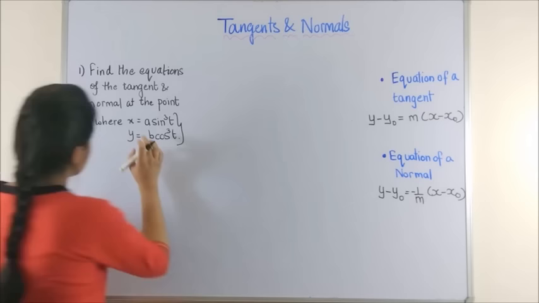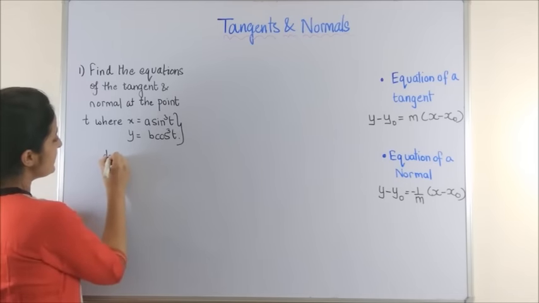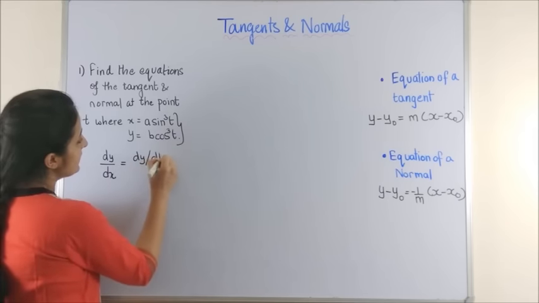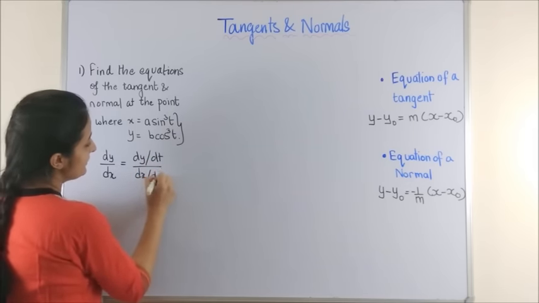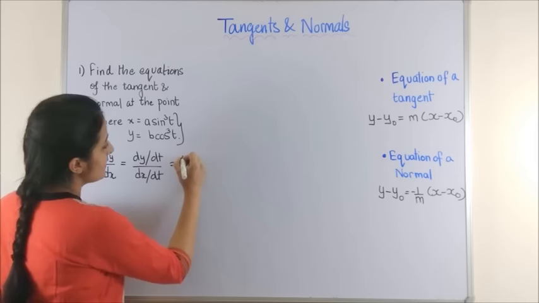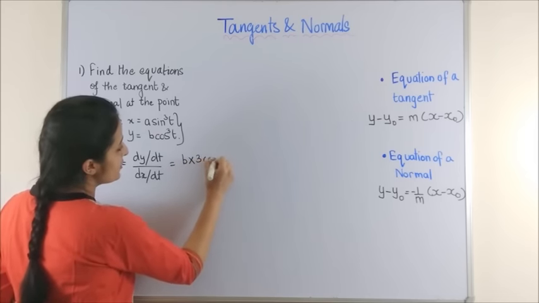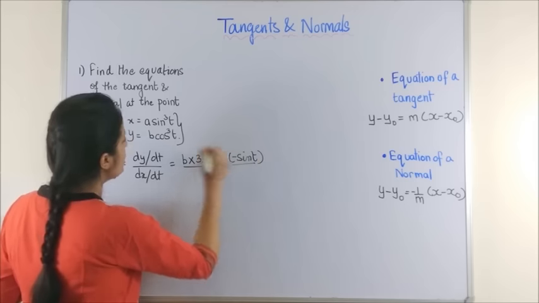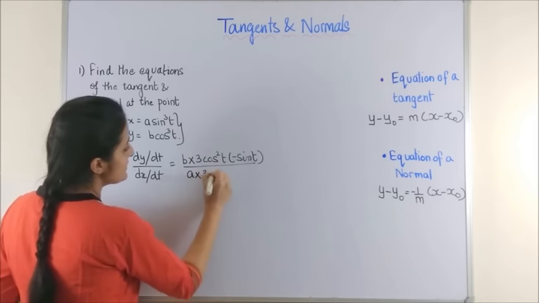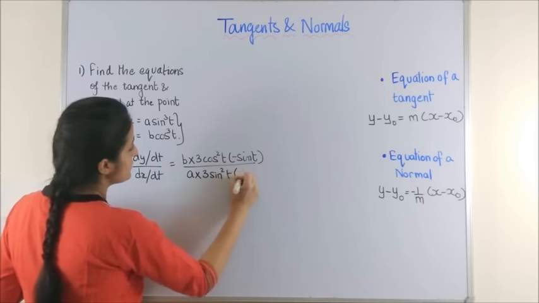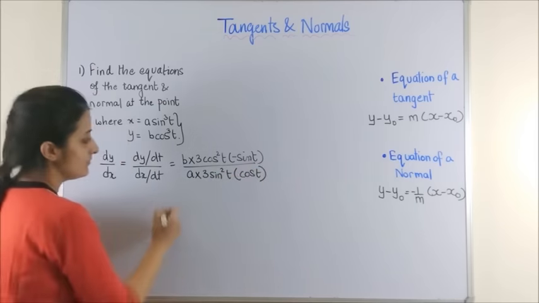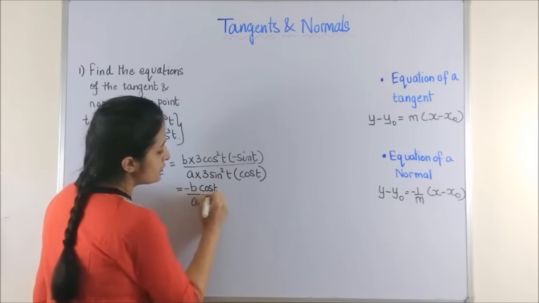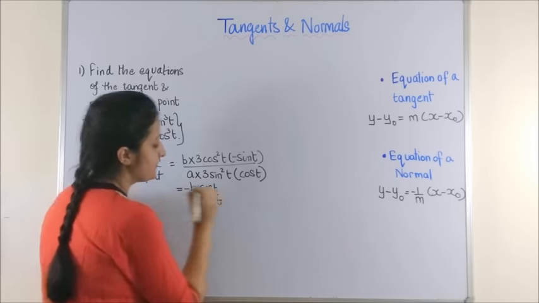So here, making use of parametric differentiation, dy by dx would be dy by dt upon dx by dt, which gives us b into 3 cos square t into minus sin t whole upon a into 3 sin square t into cos t. On simplifying, we get minus b by a into cos t upon sin t.